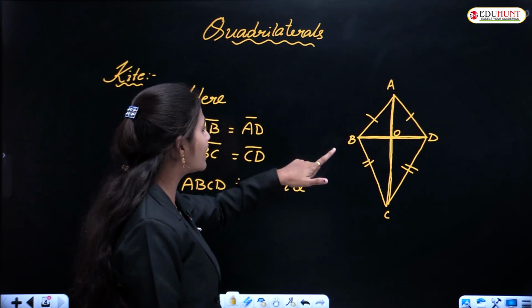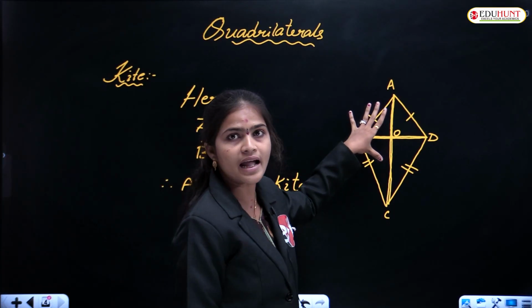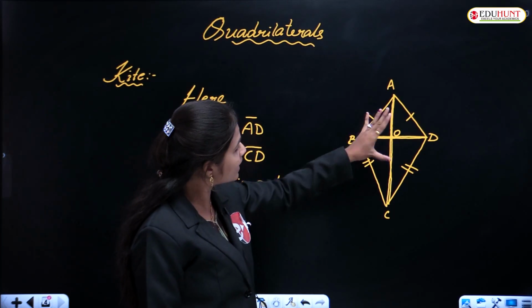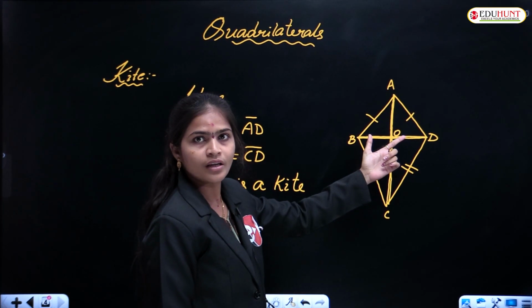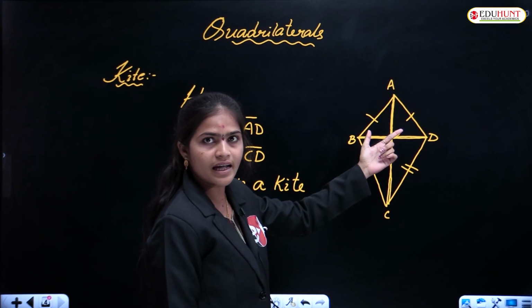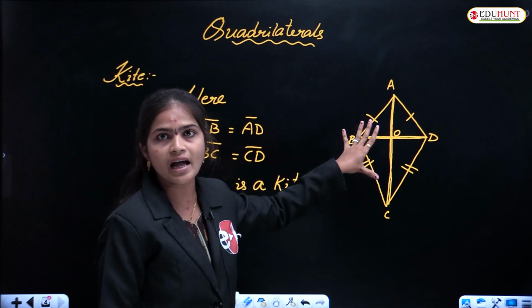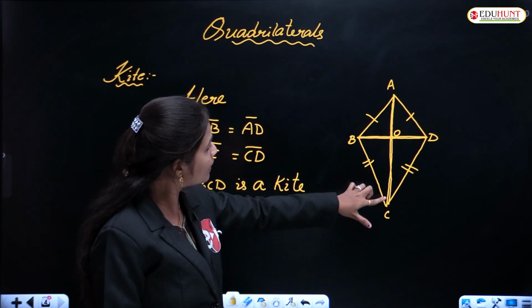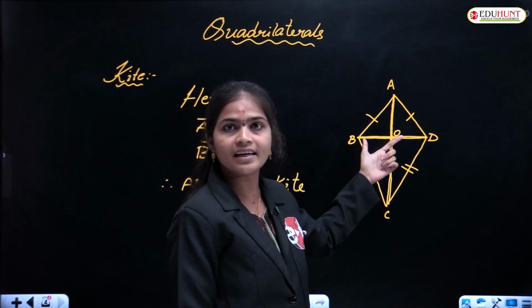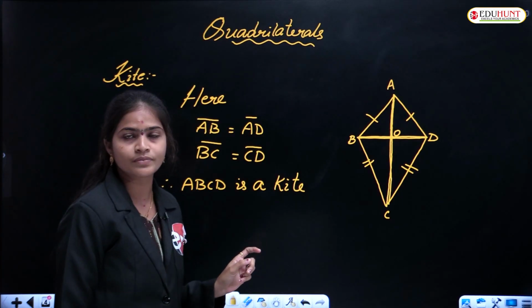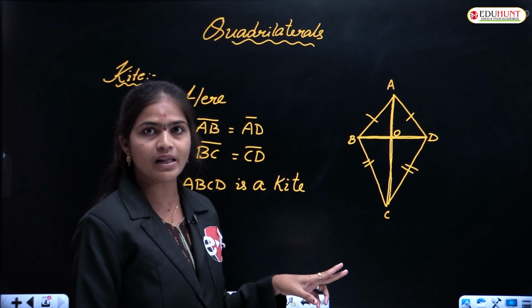We can observe two diagonals, the longer diagonal and the shorter diagonal. When you observe these two diagonals, the longer one divides the shorter diagonal into two equal parts.